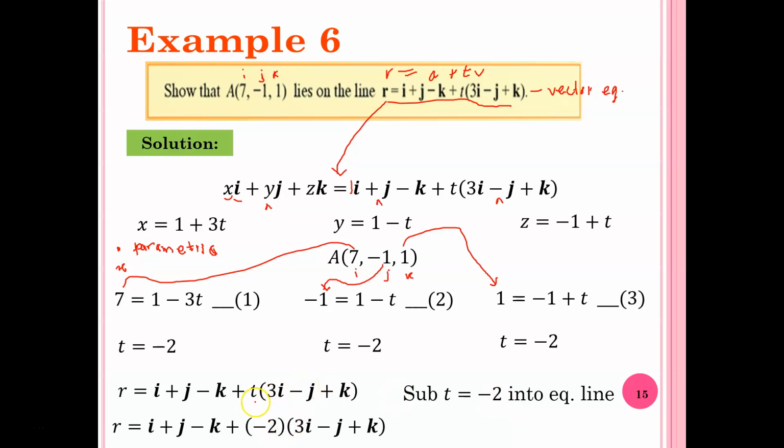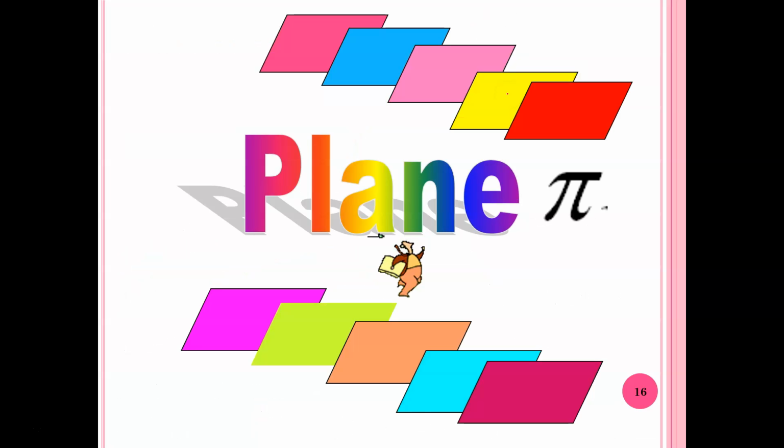So, ganti masuk t ni sebagai negative 2. So, you get this one. R equal to 7i minus j plus k. So, A lies on L. Kita boleh kata A ni lies on L sebab semua dia punya t sama. Okay? So, that's it. That's how you show that the point A is actually lie on this line.